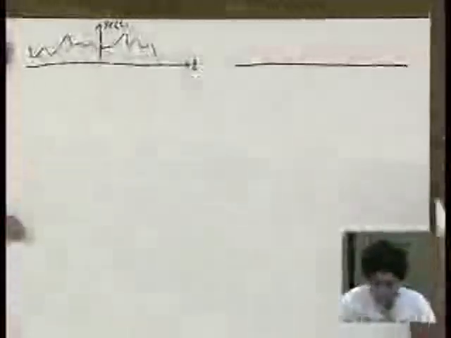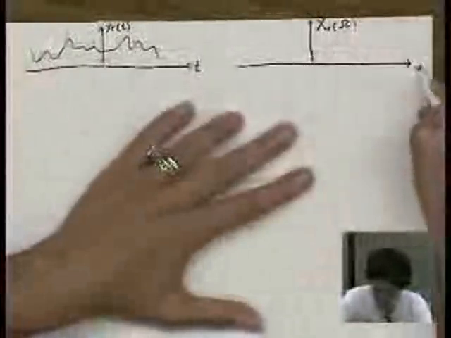Here's our, let's say, x sub c of t, which is a function of time. This is our continuous time signal. It's some signal that goes up and down like that. And it has a corresponding continuous time Fourier transform, which we call x sub c of omega, as a function of omega.